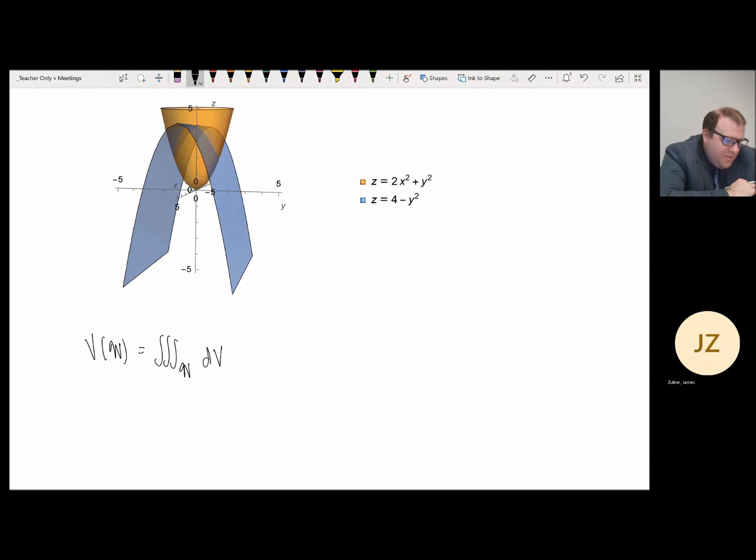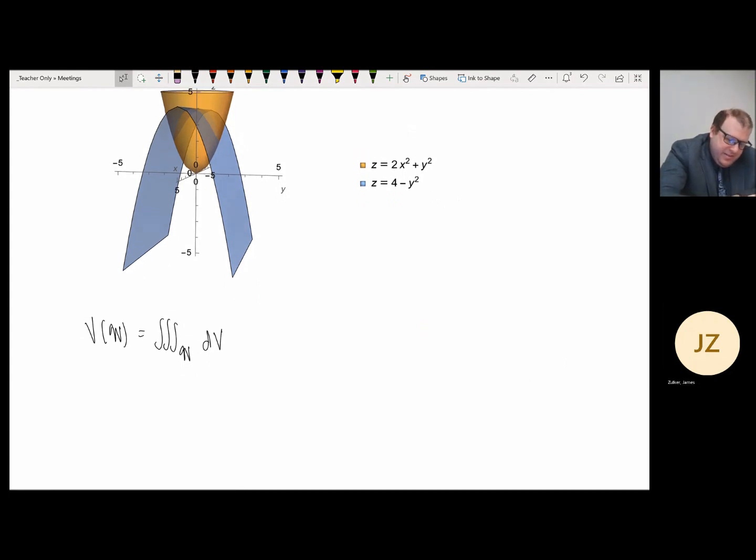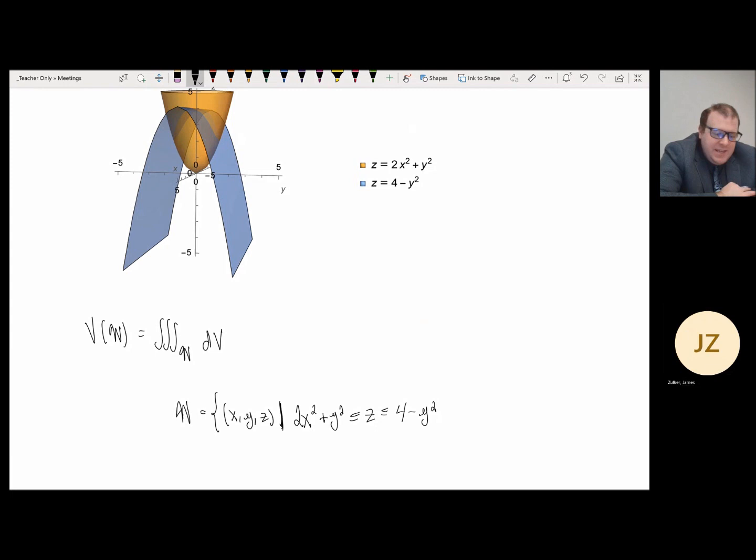So Y would go... All right, Z would go from 2x squared plus y squared to 4 minus y squared.